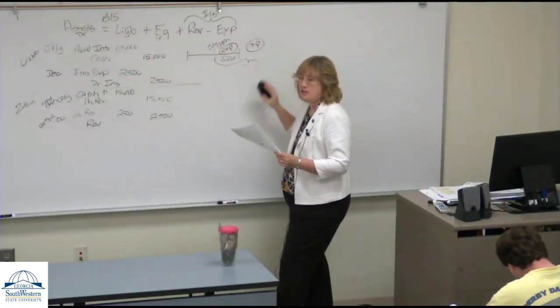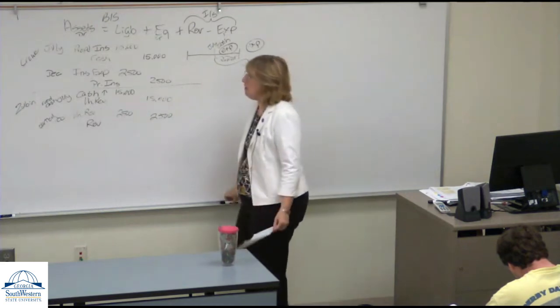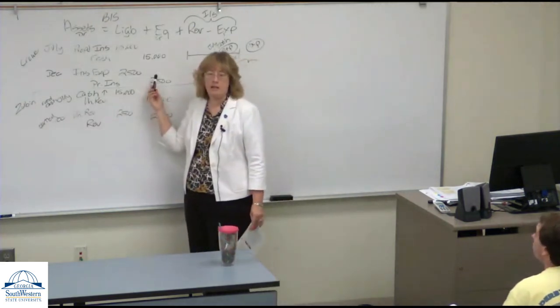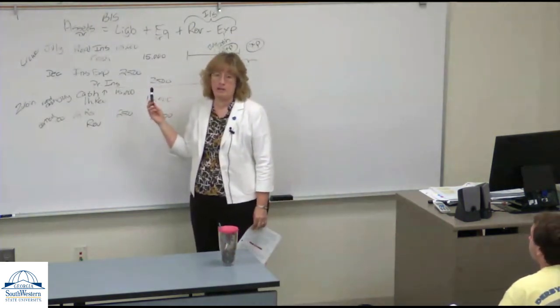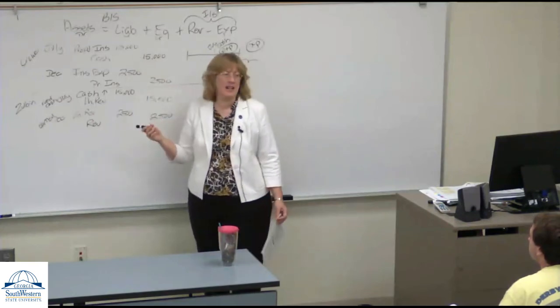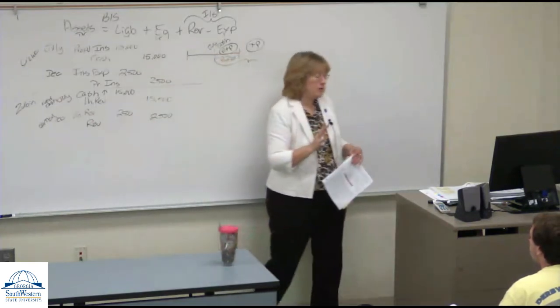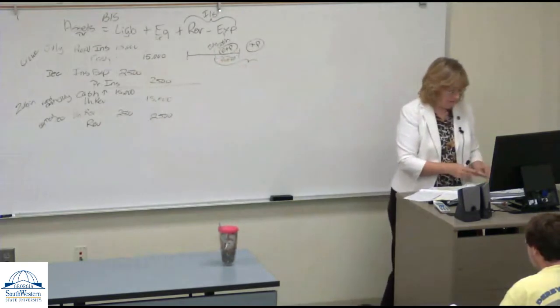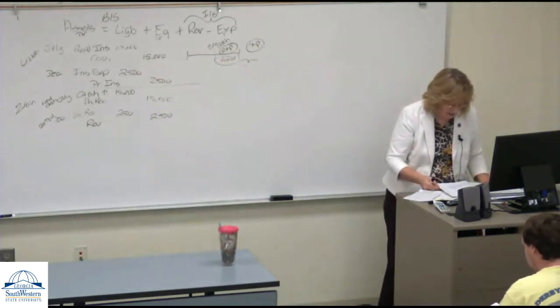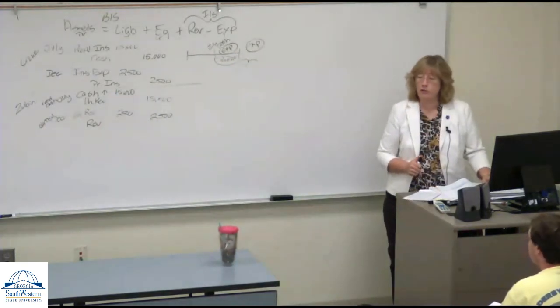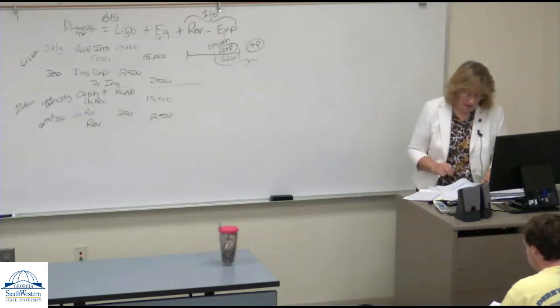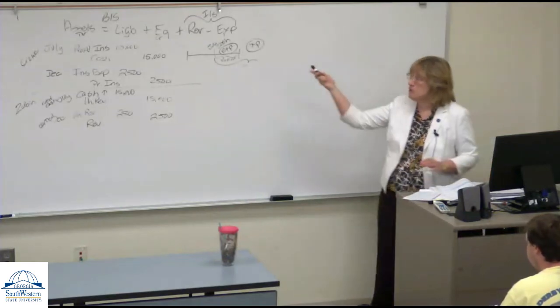What kind of adjusting entries were these? Of our 4 choices, on page 97, deferral, both of these. Prepaid, okay, so the first one's a prepaid expense.